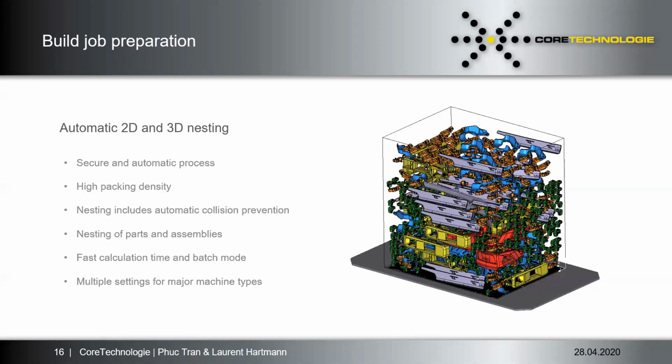So what Laurent has mentioned is that a high packaging density will be given here, because all the models will be checked as well for collisions, to not have any penetrations between the 3D models, and the nesting of parts and assemblies will be done fully automatically with various types of methods.